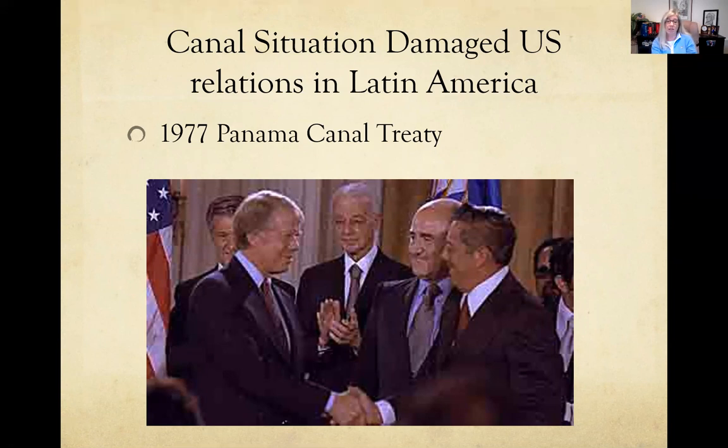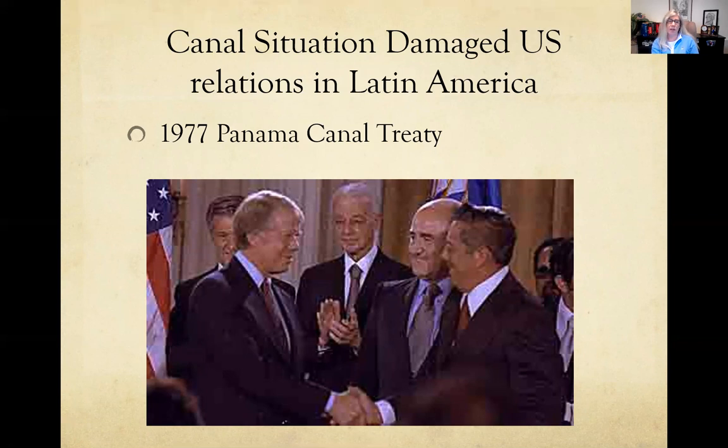But in 1977, Jimmy Carter, as part of this effort to improve relations and America's reputation in Latin America, negotiated a treaty with Panama that would over time turn over control of the canal to them. So by December the 31st, 1999, the Panama Canal was in complete possession of Panama.